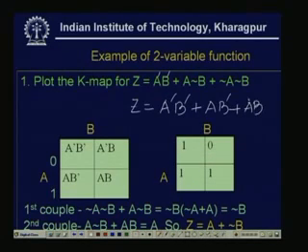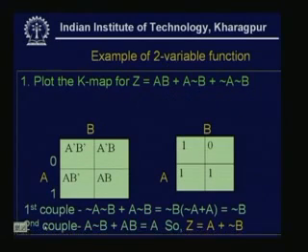Okay, the same example I can tell: AB plus A B bar plus A bar B bar. So those 3 elements will be 1. This is my AB, this is my A bar B bar, this is my A B bar. So what will be the first couple? First couple means 2 adjacent ones.